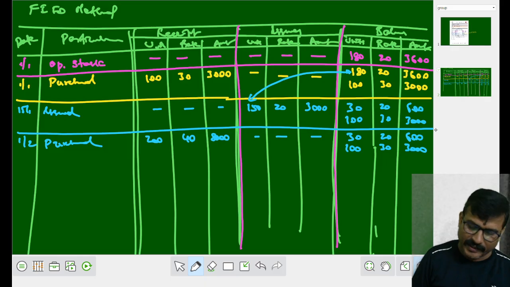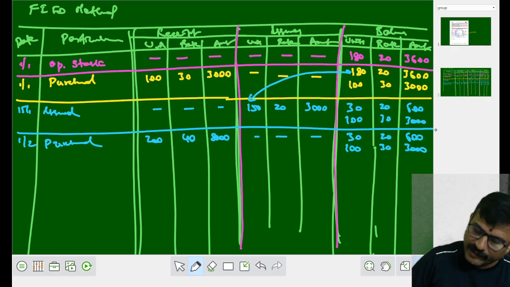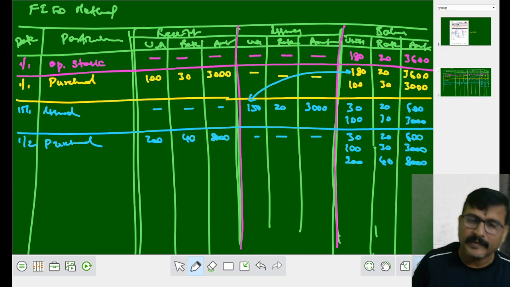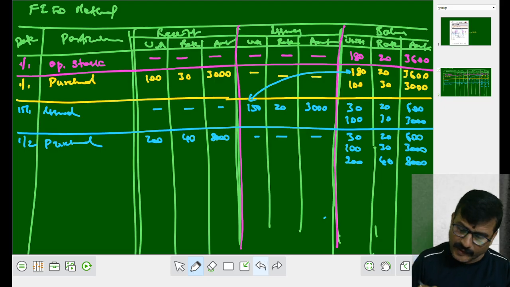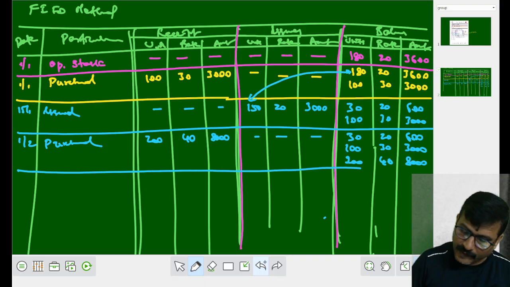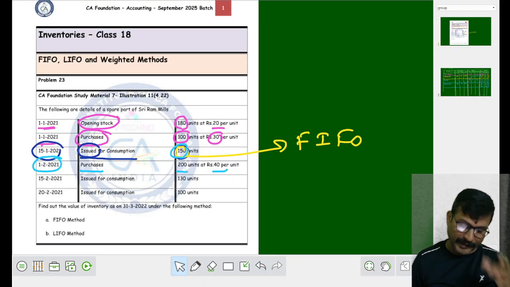This is a new purchase: you purchased 200 units at 40 rupees, 8000. This is your first lot, this is your second lot, and this one is your third lot. Now you close it off.